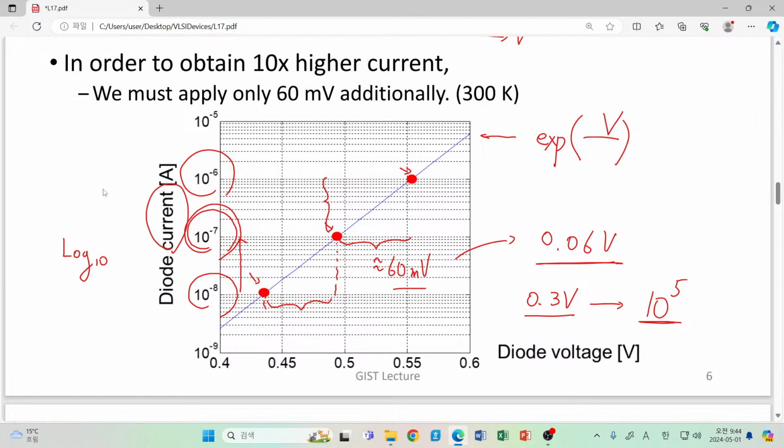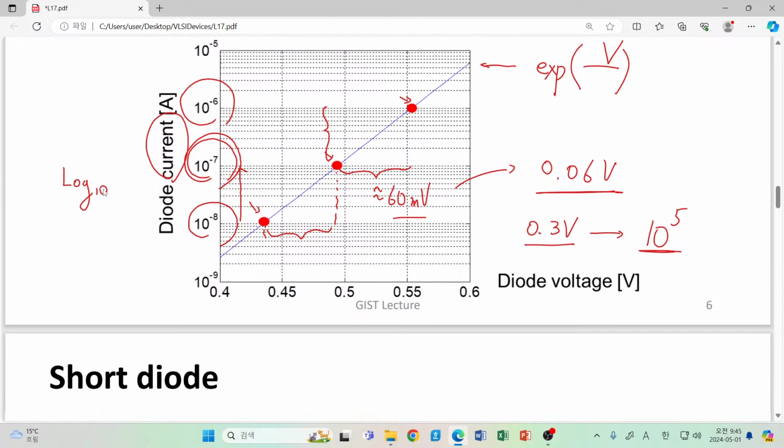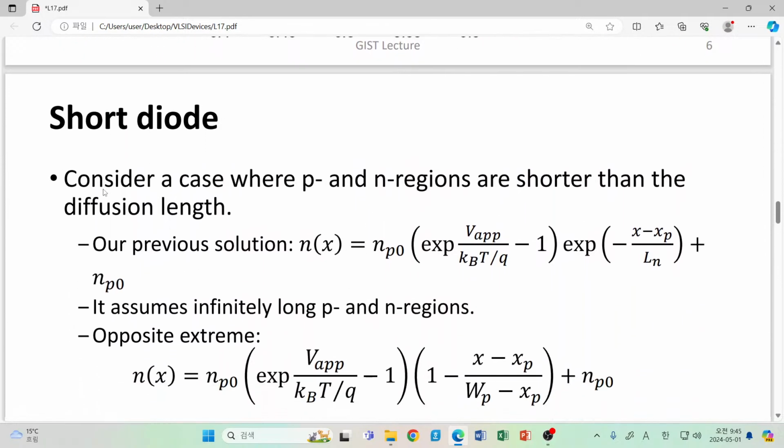In order to increase your current 10 times, at room temperature, you need 60 millivolt. And 60 millivolt is not that large a voltage difference, so we can quickly turn on and turn off our device with a small voltage difference. So that is the one.